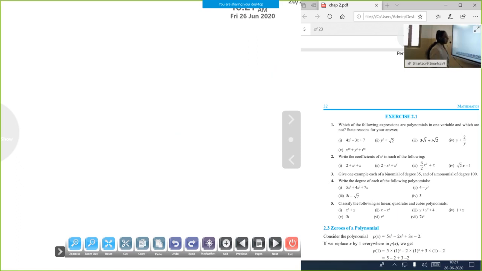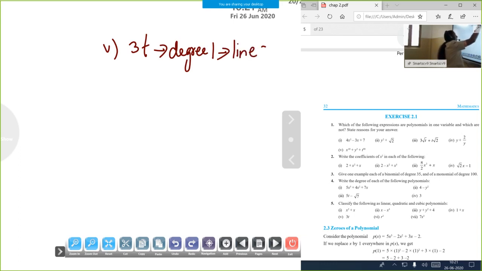Next one. The fifth one, 3t. What's the degree there? Degree equal to 1. What's the power of the variable? 1. And which type of polynomial? Linear polynomial. Okay. The next one, sixth one, r square. What is the degree here?